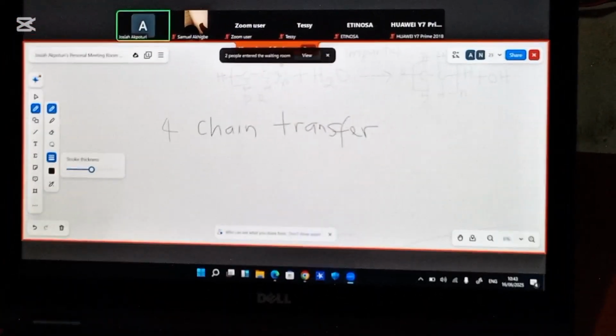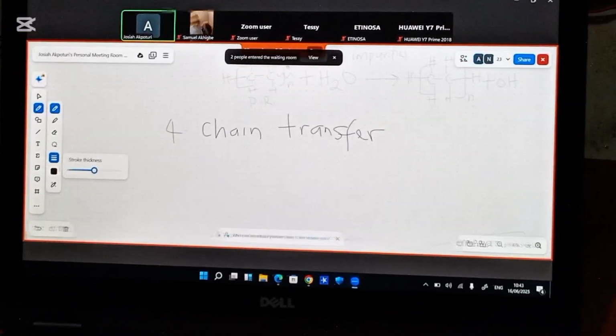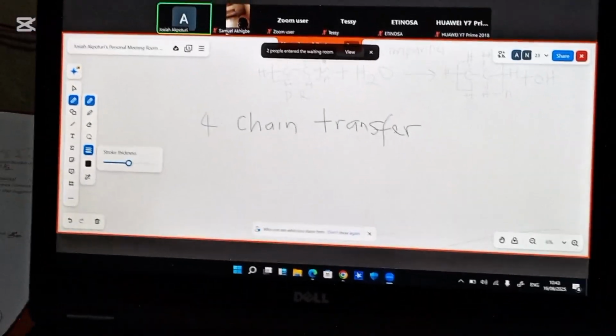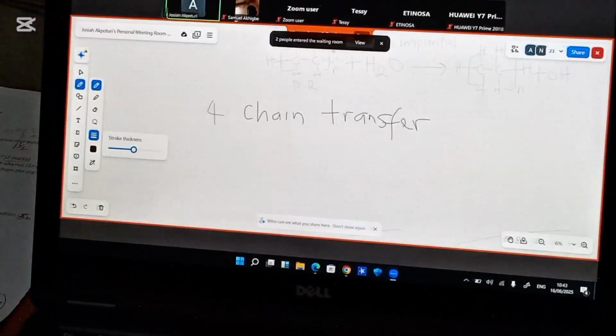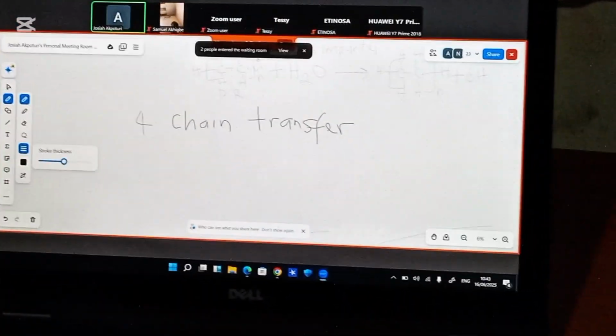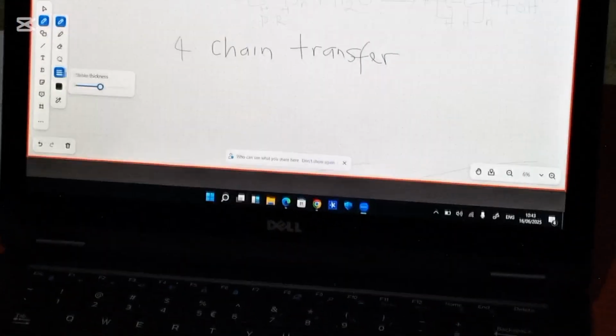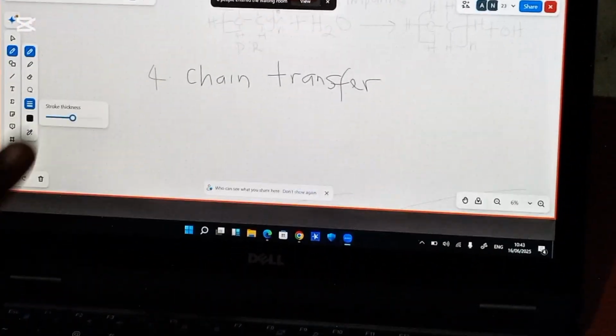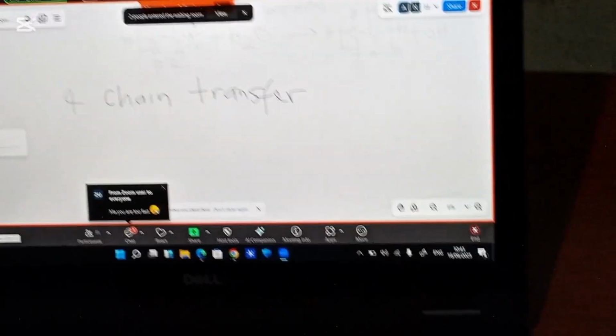So all these things we have done are to explain how a polymer is formed using free radical polymerization. This one is polymerization of ethylene, so it becomes polyethylene.